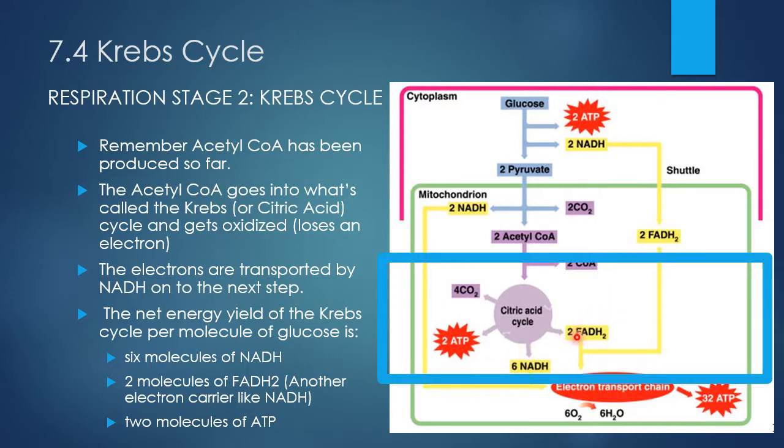It's just another molecule carrying an electron for energy to be used later. And this Krebs cycle also gives off 2 ATP, so 2 bits of usable energy, some energy carriers, and those things are all going to go into the next stage of our cycle.